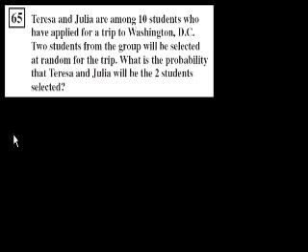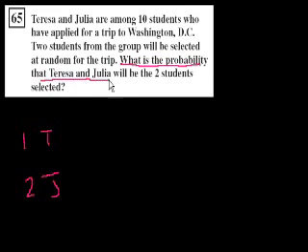All right, so let's think about student 1 selected and student 2 selected, right? What's the probability that Teresa is the first student? So what's the probability that we get Teresa and then we get Julia? Well, let me take a step back. There's 2 ways that what they want to happen could happen, right?